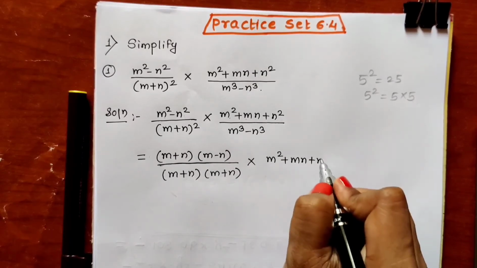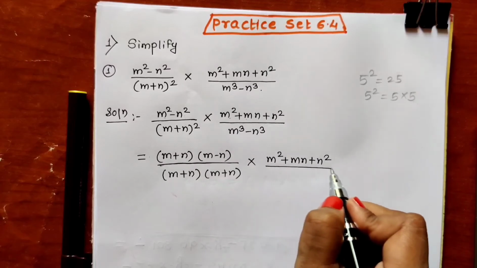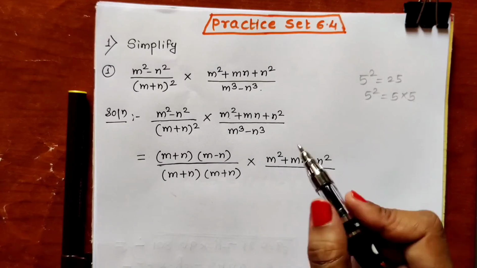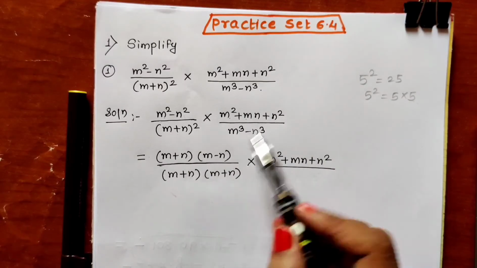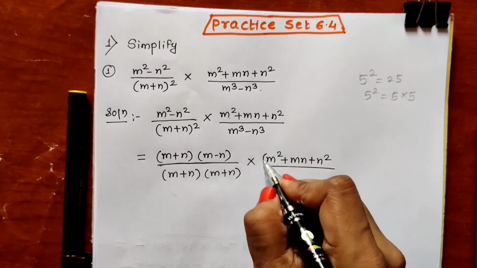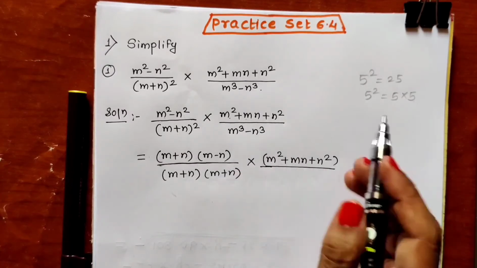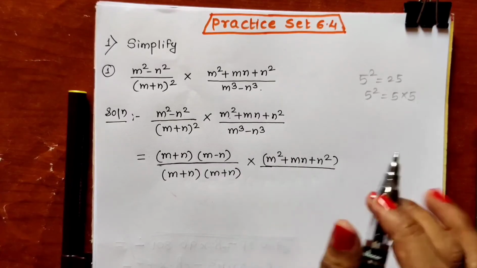Why I am writing it as it is, we will get to know when we solve this full sum. We will do the factorization of all this. I have put it inside the bracket.